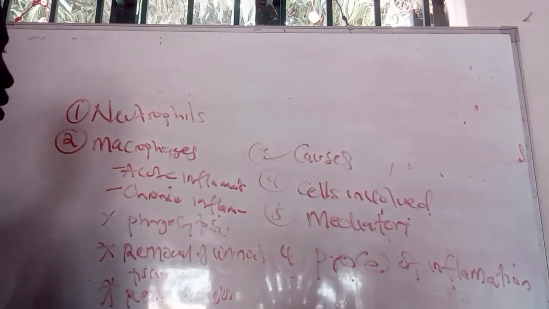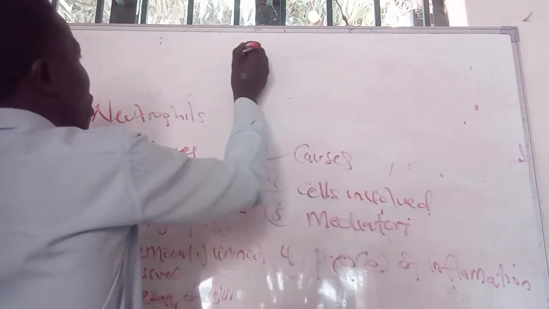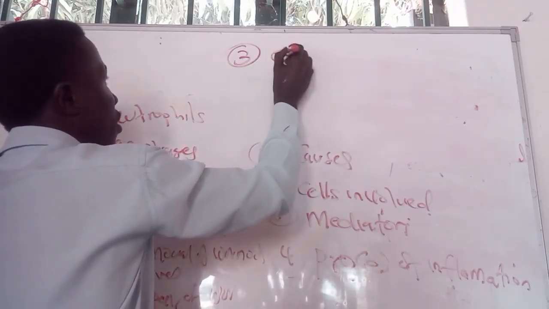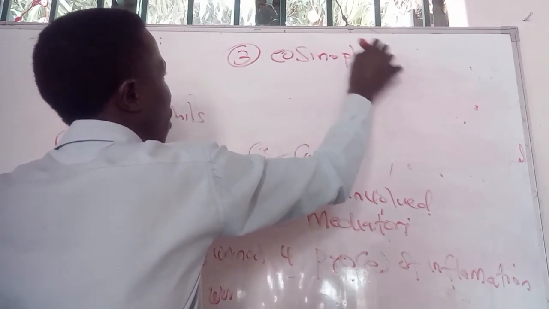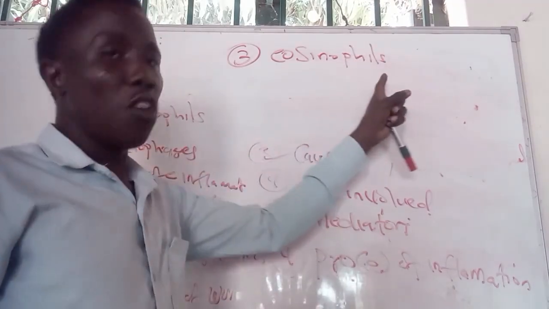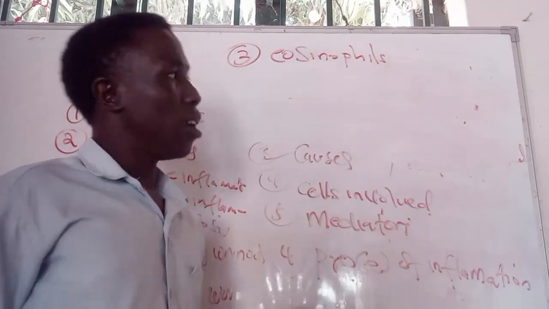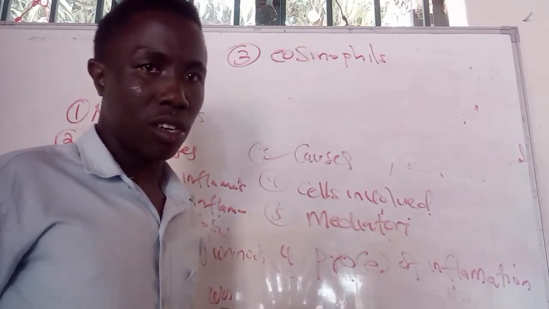The third one is the eosinophils. Eosinophils are part of the white blood cells that are majorly present in cases of parasitic infections and allergic reactions.